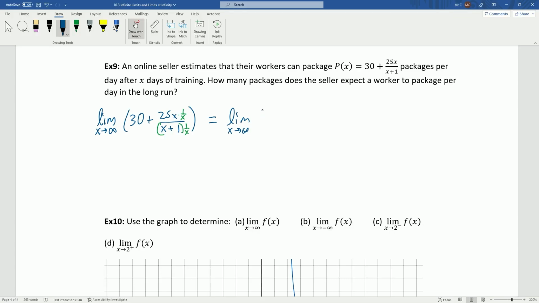That's 30 plus 25 divided by 1 plus 1 over x. 1 over x goes to 0. And so this is just 30 plus 25, which is 55.